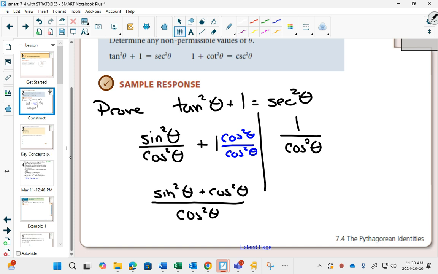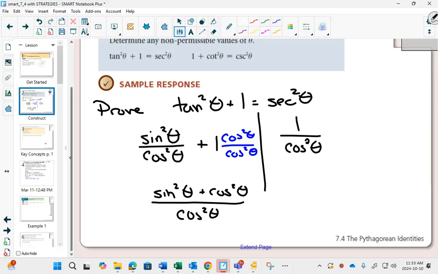And almost all the proofs we've done up till now, if you got a single fraction and you simplified, it worked. But now I have a single fraction on both sides. I can't cancel anything out, but they're not quite the same. But do you see how close they are?